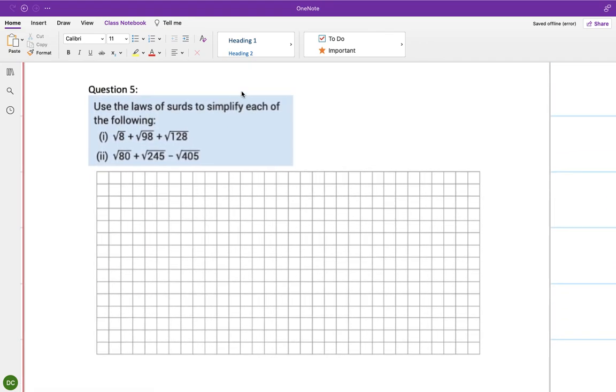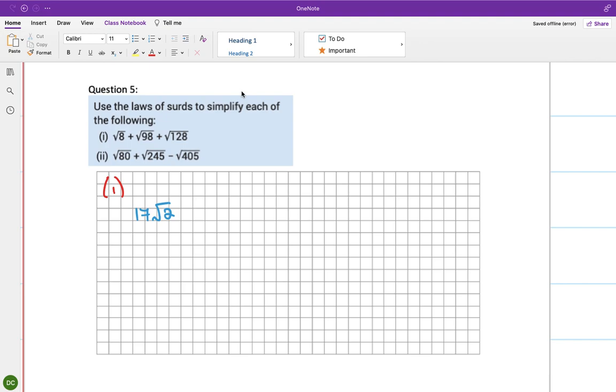And then the last one is the thirds one. So if I type the first one into my calculator, square root of 8 plus the square root of 98 plus the square root of 128, I get 17 square root 2. And just remember, I have to put in the line before.